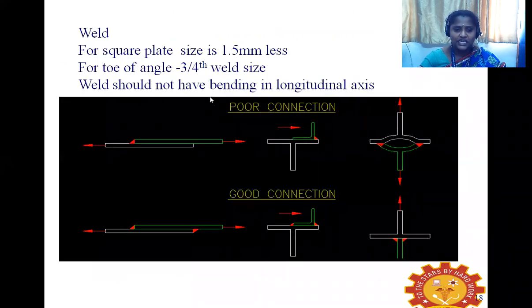Here are some examples of welded connections, do's and don'ts. Poor connection and good connection comparison is there with do's and don'ts. By seeing this pictorially, you can easily identify. Two plates are being connected, green color and white color.